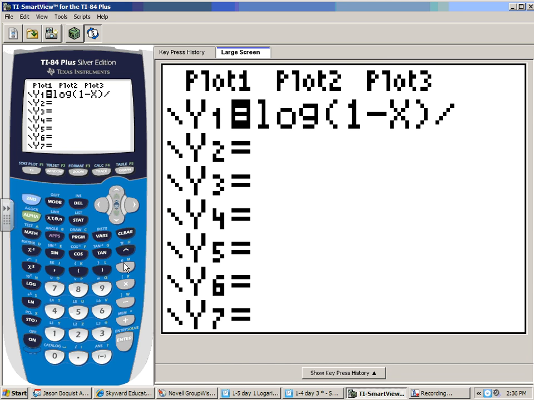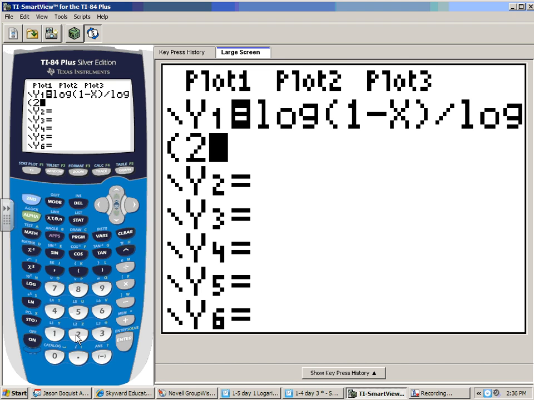How are you going to put it in? Yep, you divide by log of 2. It's the only way this calculator knows how to do any other log other than base 10 or e. It's the only way it knows how to do it.